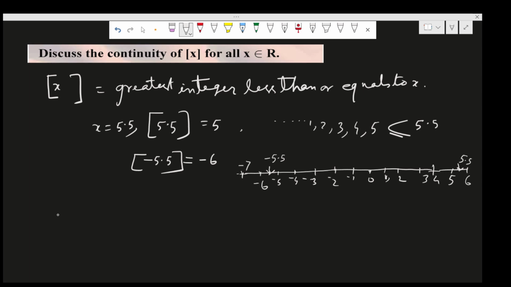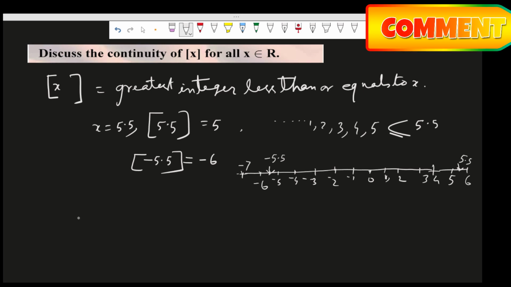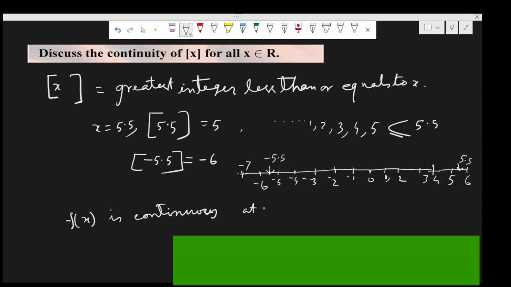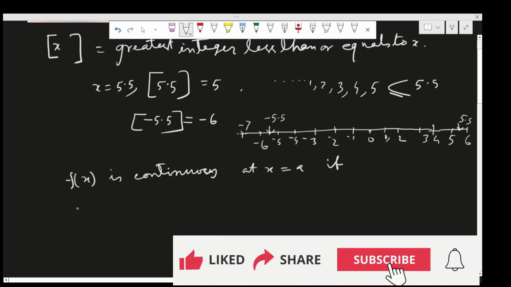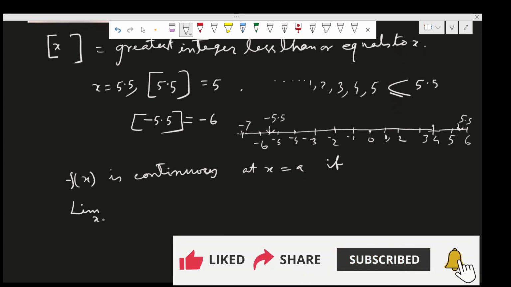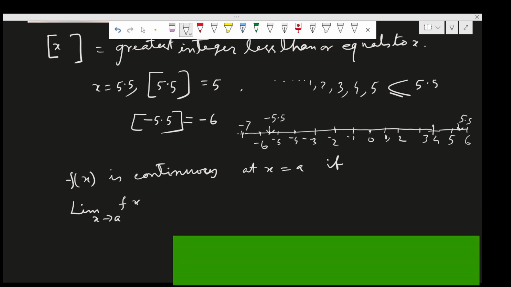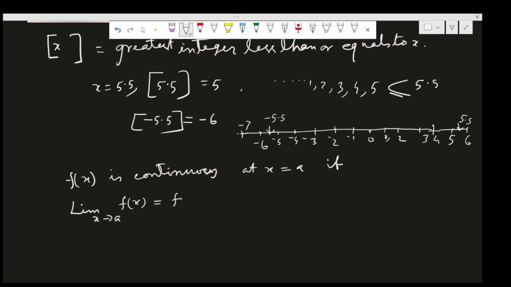Again, now we will discuss the continuity of box x or greatest integer function. So again we define the definition of continuity. If f(x) be a function, f(x) is continuous at x is equal to a, if limit x tends to a, f(x) is equal to f(a).